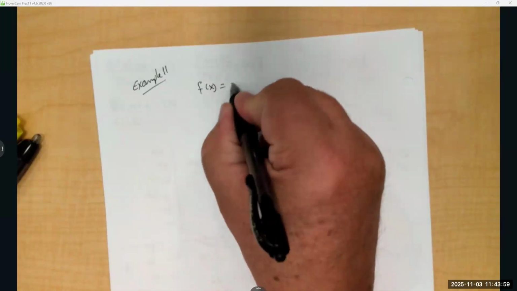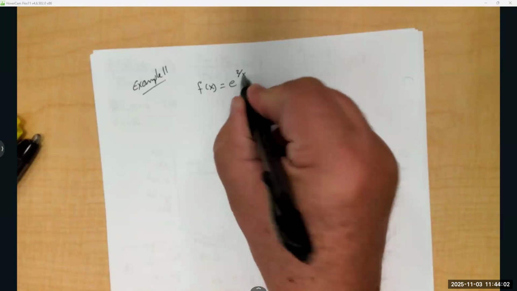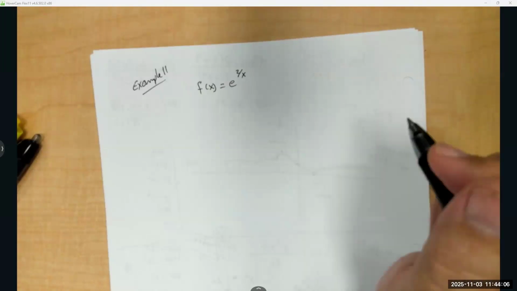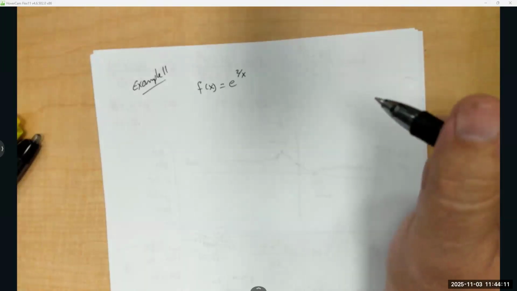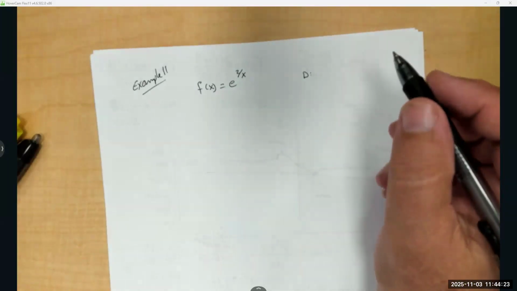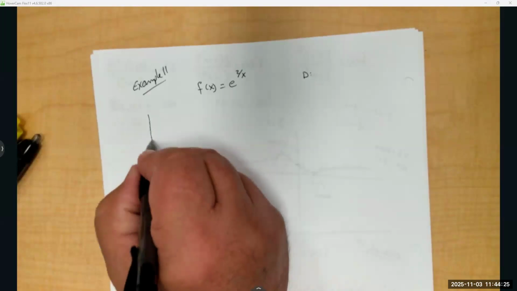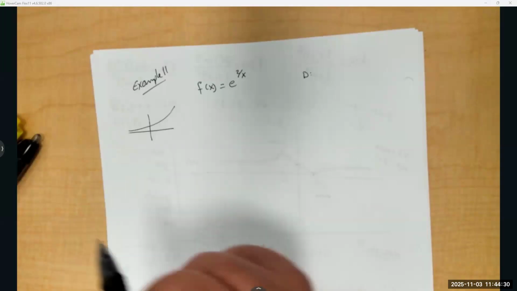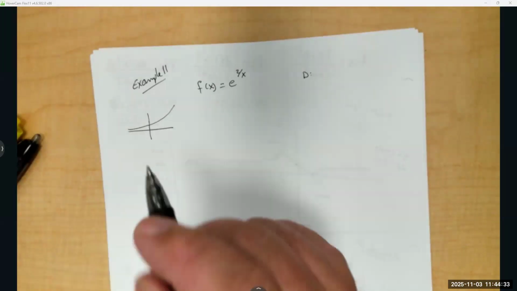F of x equals e to the power 2 over x. So what's our domain in this function? Since this is an e function, normally, the domain of e is what? What does e look like? That's what e looks like.